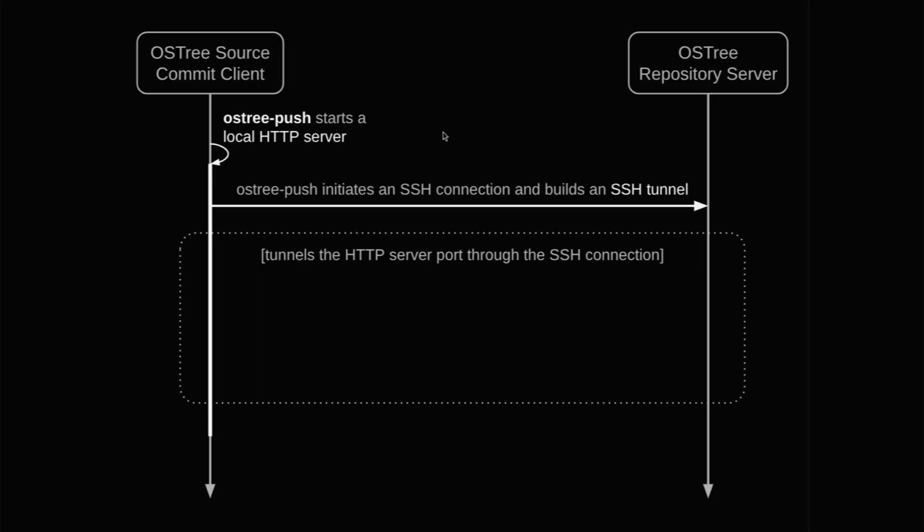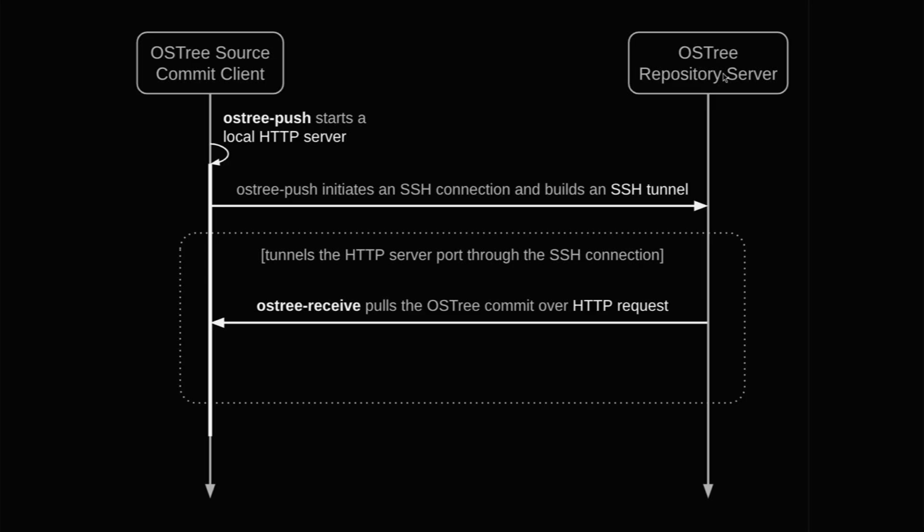The local HTTP server's listening port on the client is tunneled via the SSH. So the OSTree repository server can run the OSTree receive to pull the OSTree commit over HTTP requests, which means OSTree receive will run the OSTree pull to pull the OSTree commit from the local HTTP server on the client to the OSTree repository server.